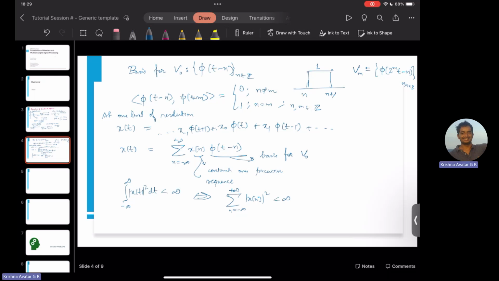So this property we call that x of t belongs to the square integrable space defined over the field of real numbers. Here, x of n belongs to the space of square summable sequences. Here it was an integral, here it is a sum, over the field of integers. So that's what it implies.